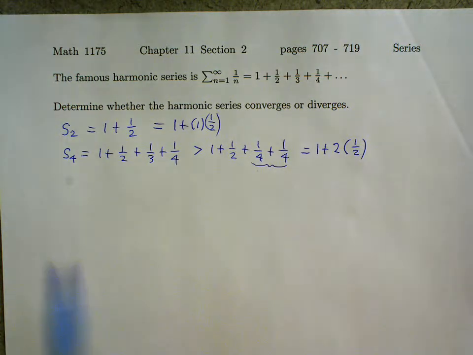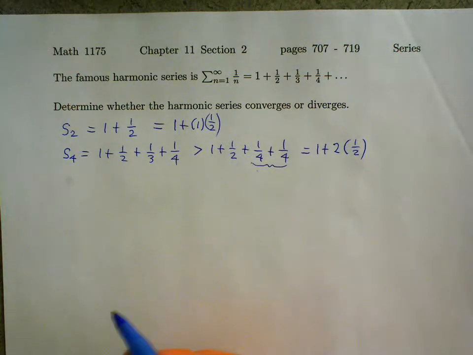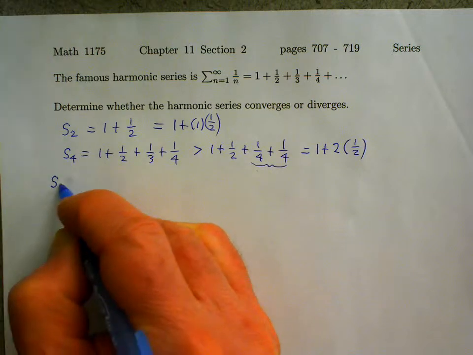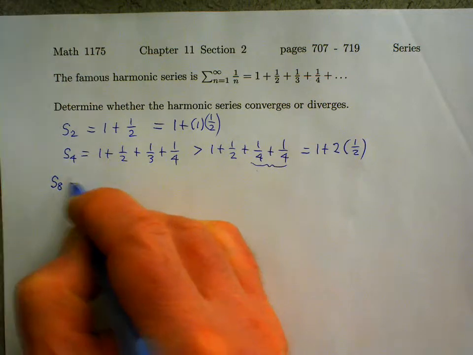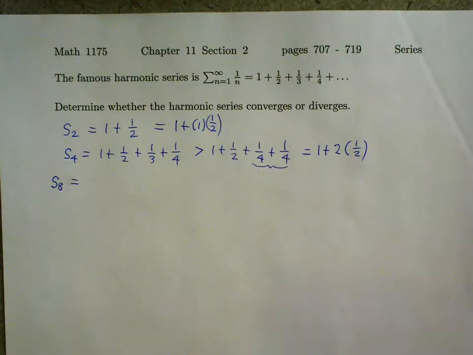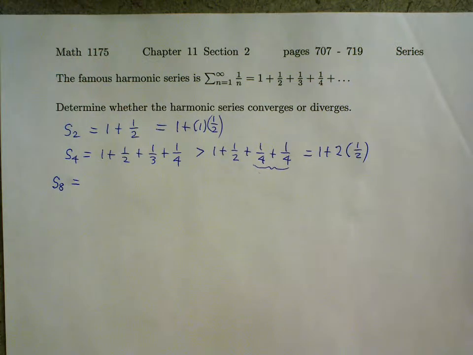The next term from the sequence of partial sums that I'm going to pick is S sub 8. So can you decipher what I'm doing or why I'm picking certain numbers from the sequence of partial sums?